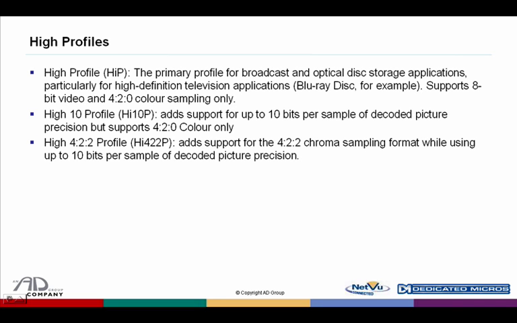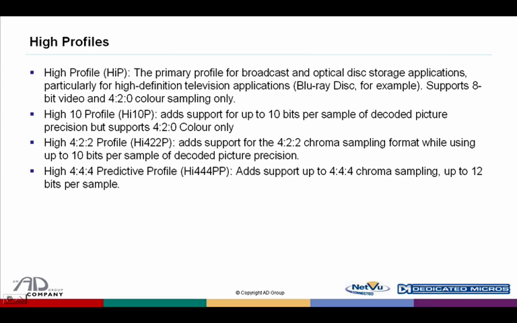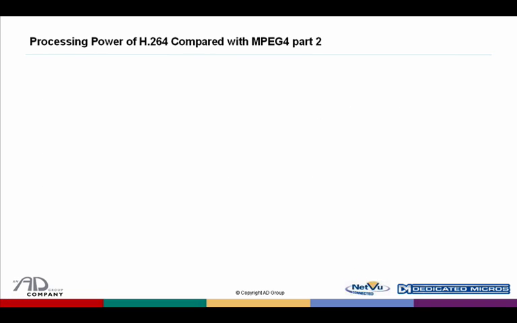High 4:2:2 takes us to 10-bit sampling, but with 4:2:2 colour sampling, so we get higher colour resolution. And then finally we have high 4:4:4, which gives us 4:4:4 colour sampling and up to 12 bits per sample, so very high quality recording achieved through H.264 high 4:4:4 PP.